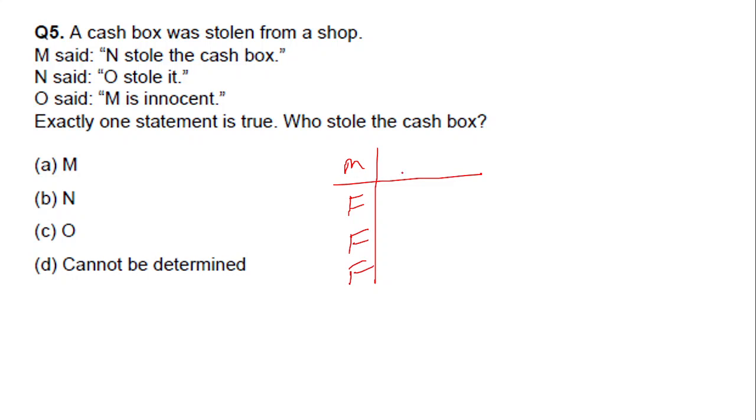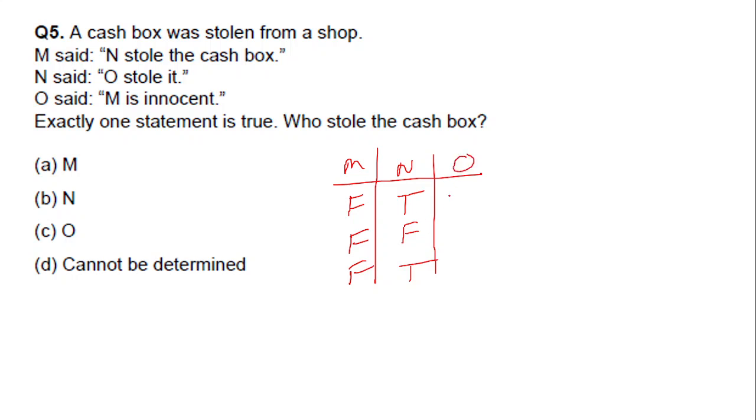Let's go to N. Now we are assuming N is the thief. So M says N stole the cash box. True. N said O stole it. False. O said M is innocent. True. Correct, because we are assuming N is the guilty person.